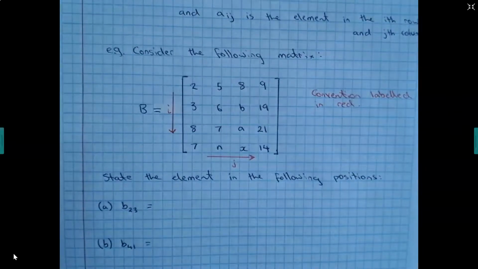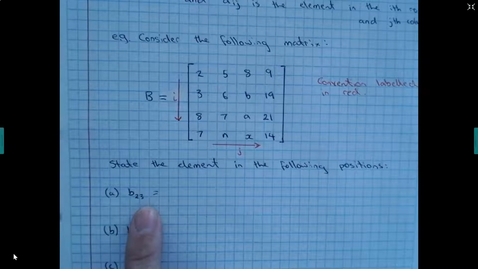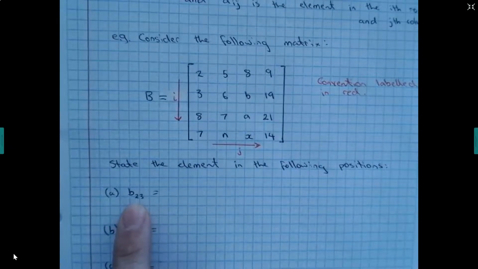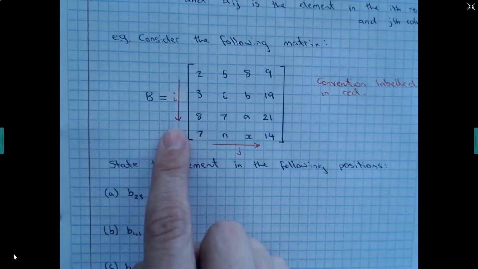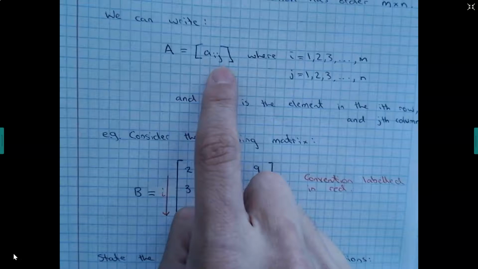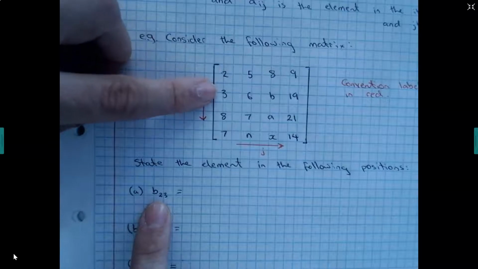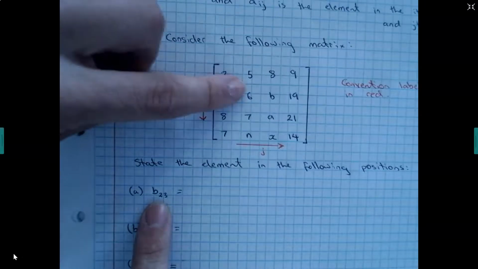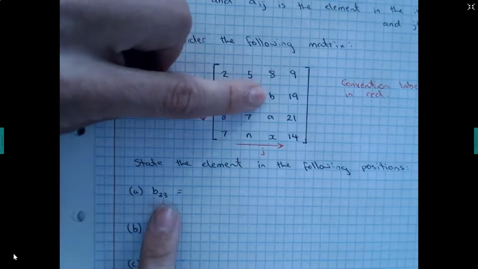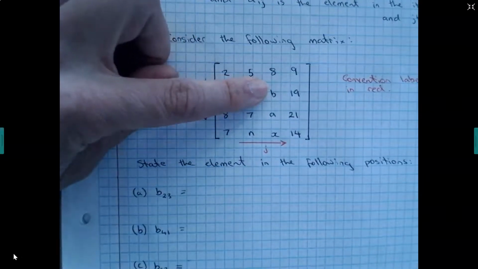So let's just see if we understand this. If we wanted to look at B23, what value is inputted at B23? So you always look at the i's first and then the j second. So the i is always first, the j is always second. So if I was to look at B23, we come 1, 2 down, and then 1, 2, 3 across.